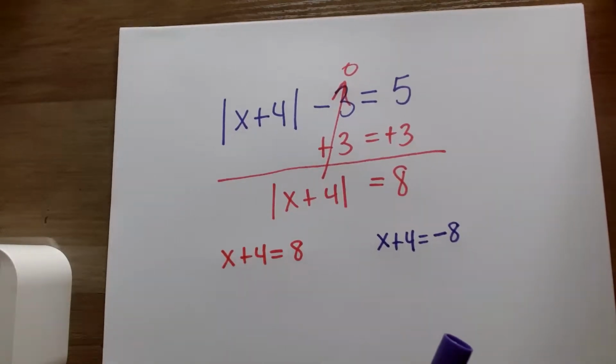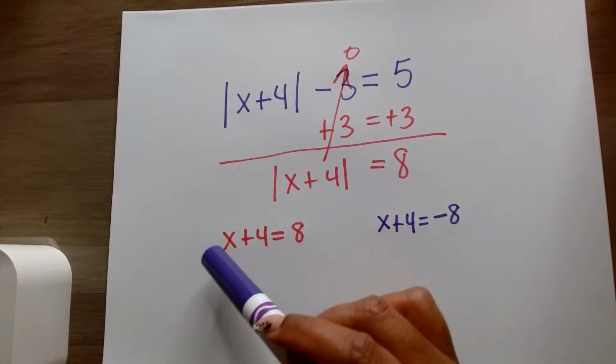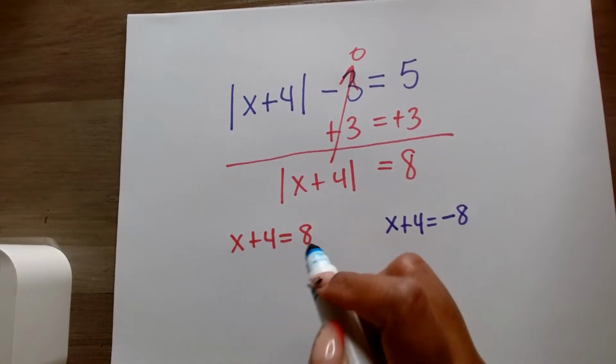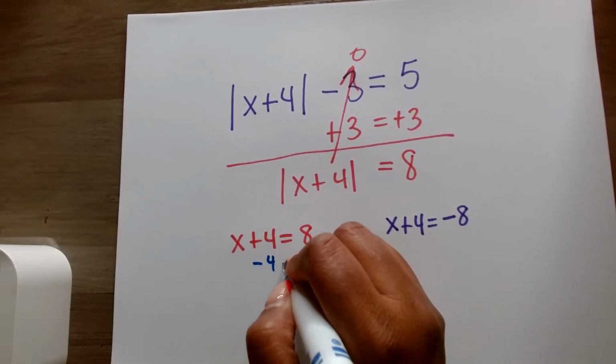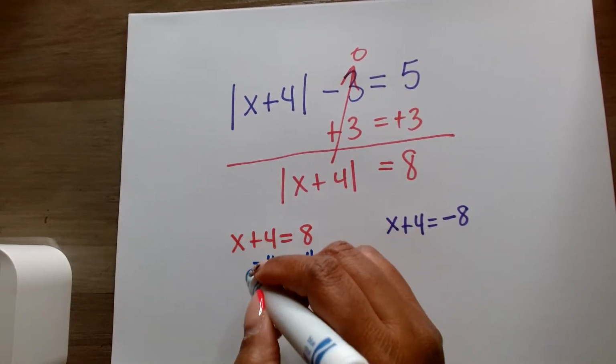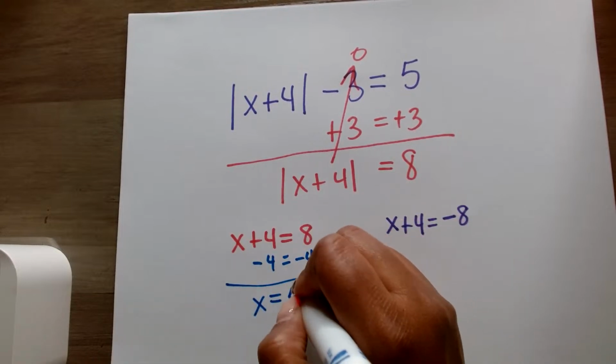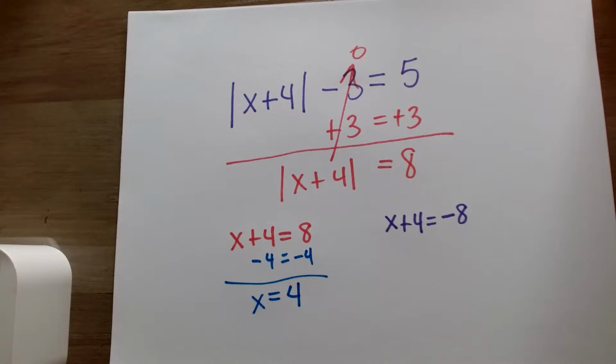So just like we always said at the beginning, we want to solve for x. And so we're going to do that for each of our problems. So this is x plus 4 equals 8. So we're going to subtract by 4 on both sides. So x is going to equal 4 for this side.